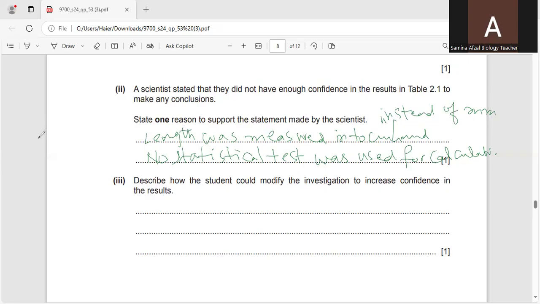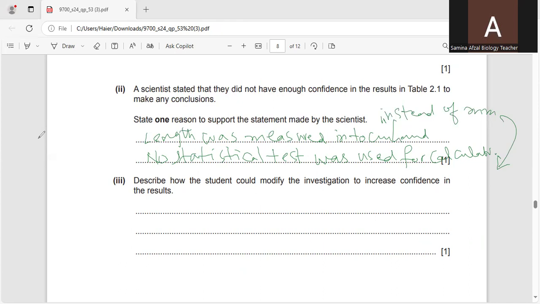So next question is, describe how the student could modify the investigation to increase the confidence in the results. As I have told you, the millimeter is a more precise, standardized unit.